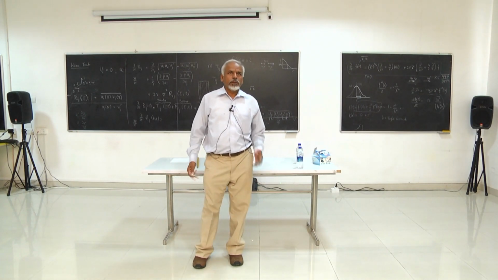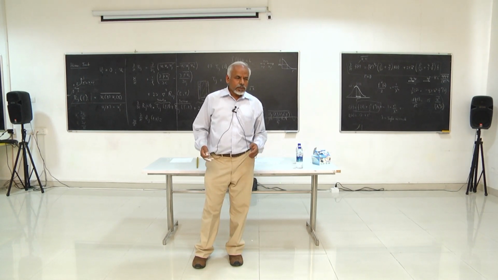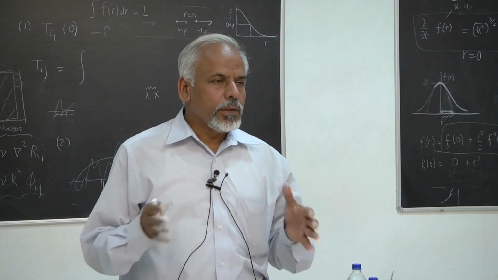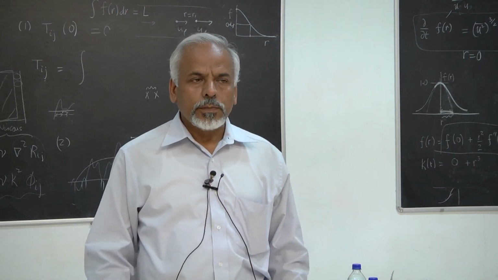If you are interested in second order quantities there, basically you have a second order tensor, and you may reduce the number of independent quantities depending on the symmetry of the problem.